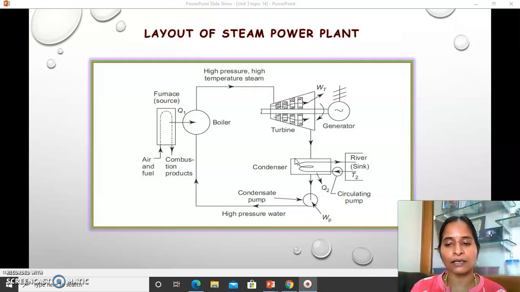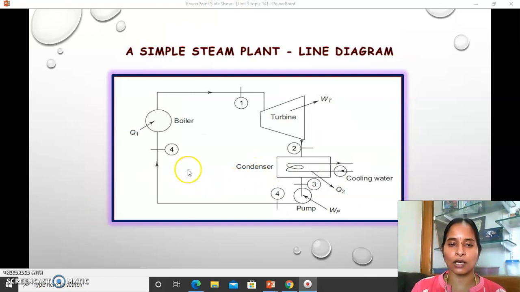Many other accessories and auxiliary devices are used in a steam power plant, but for power production related analysis, we are going to study only these four devices in detail in all the forthcoming videos, right? So here also it is explained, always try to know this numbering.